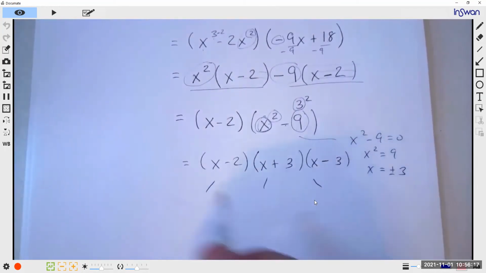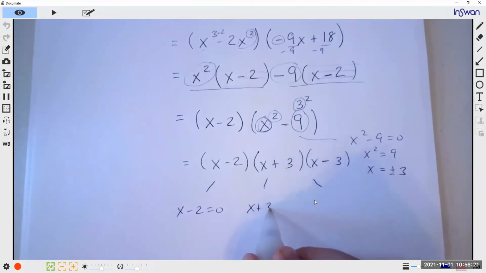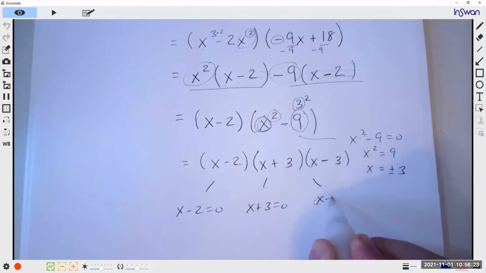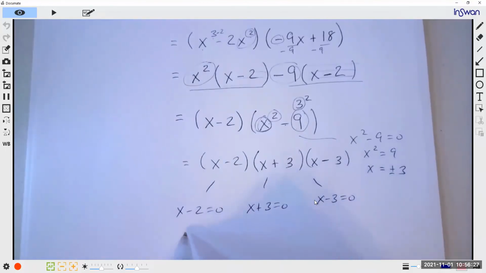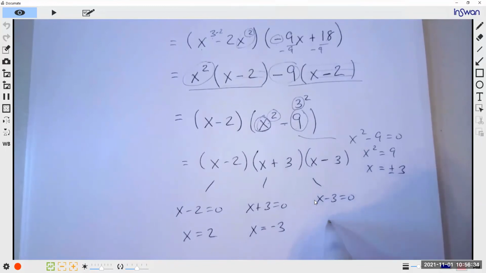Now we solve. X minus 2 equals 0, x plus 3 equals 0, x minus 3 equals 0. So the answer is positive 2, negative 3, positive 3. Yeah, these two, again, we figured it out that way.